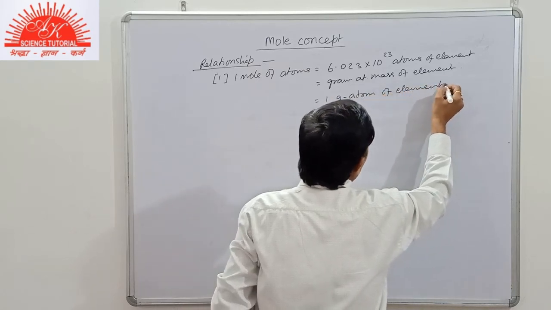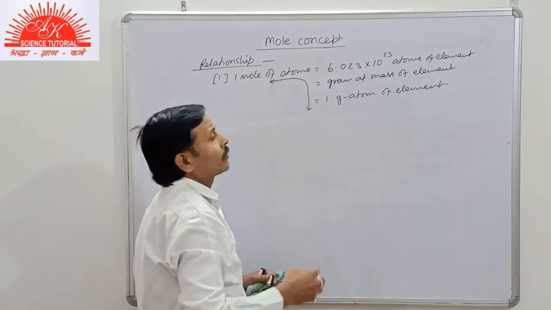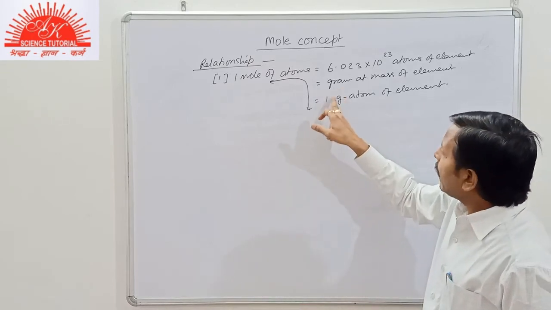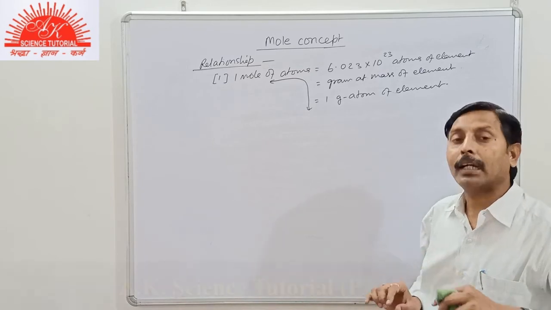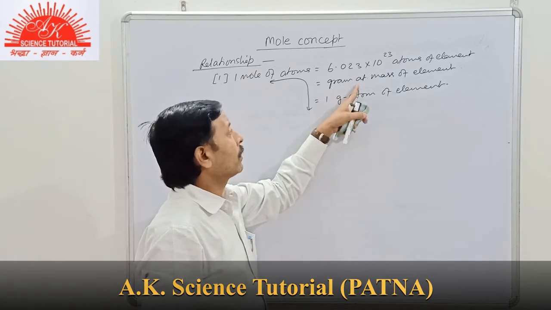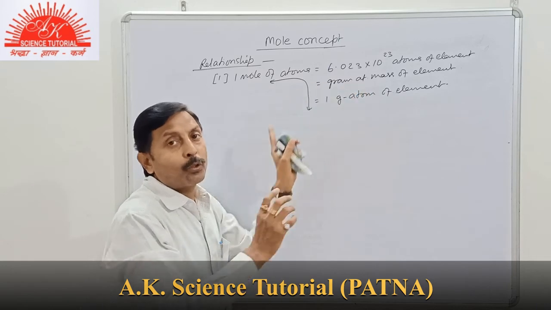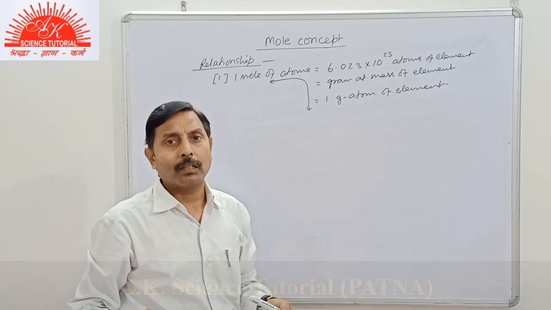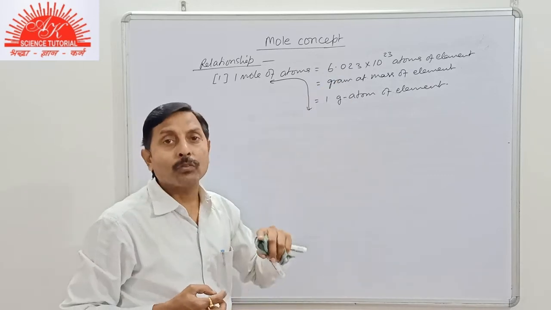So what do you see, students? That these are interrelated. Means in the question you will be given any one of them and then you will have to find the other. That is, suppose the number of moles is given and we have to find the mass. So we'll write here that 1 mole equals gram atomic mass, then 2 mole is equal to twice of that, and so on. Just you will use unitary method. Sometimes the mass will be given and number of atoms has to be calculated.